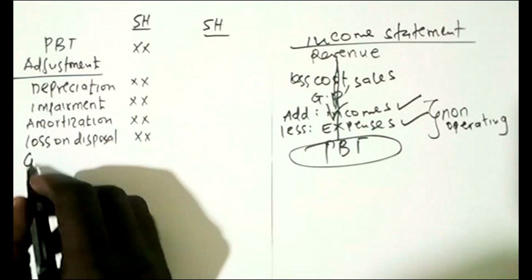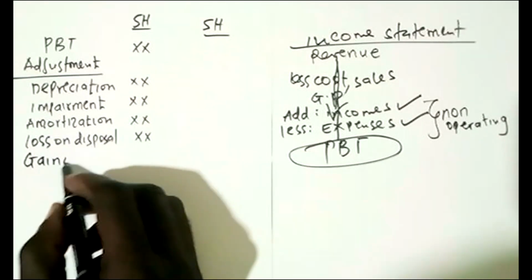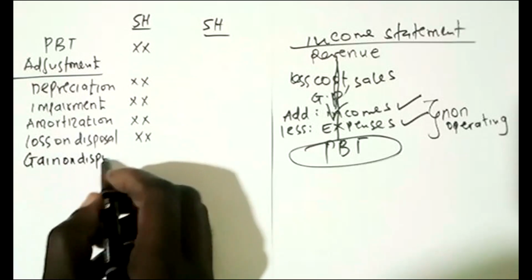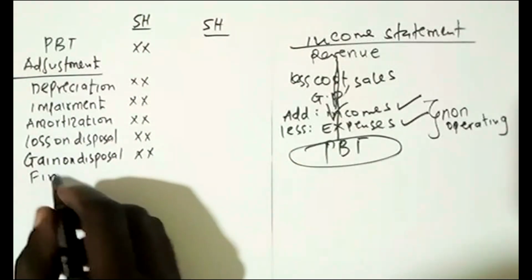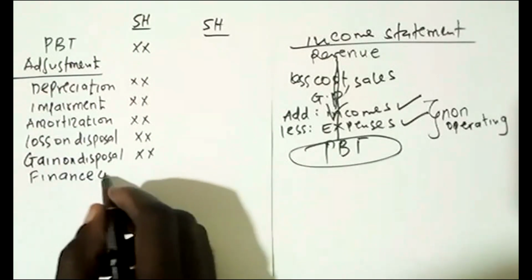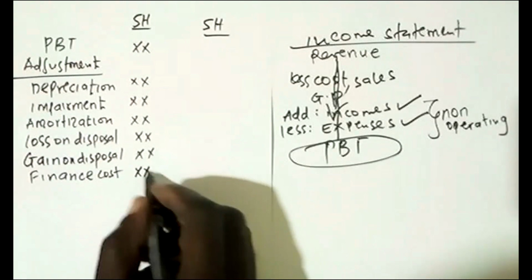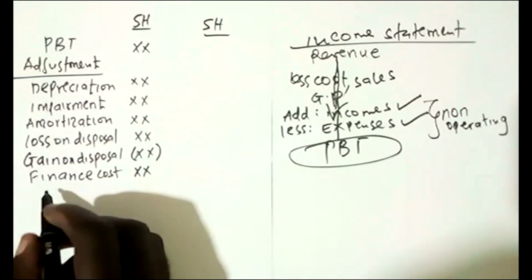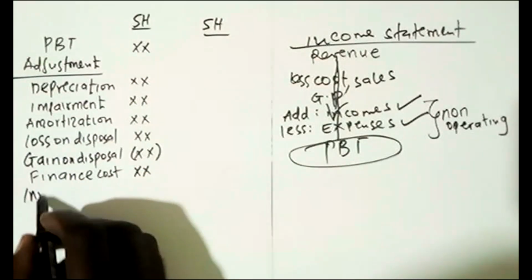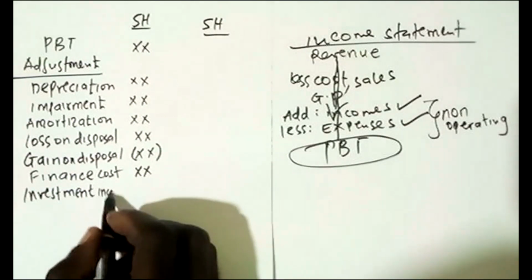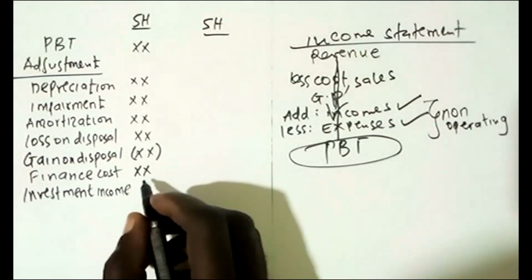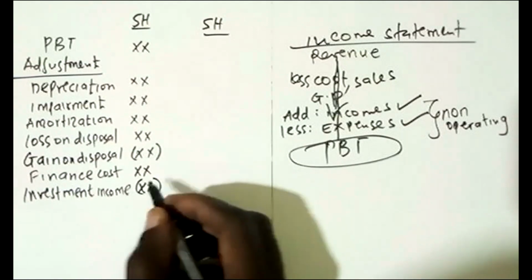If it was a gain on disposal, this one you subtract because it was added. We have finance cost. Finance cost you add. Then we have investment income. This one it was added, so we subtract.